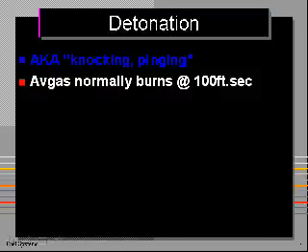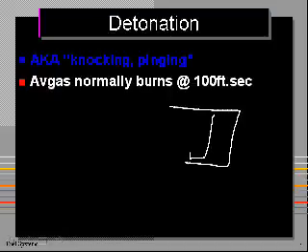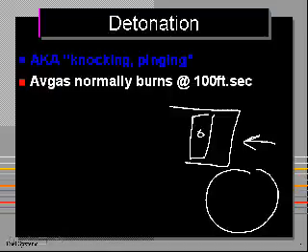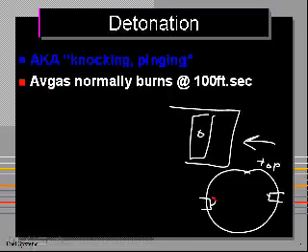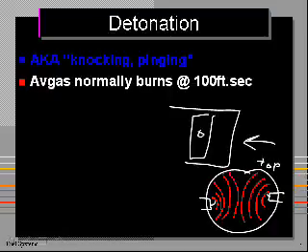Typically, aviation gasoline burns at about 100 feet per second. If we had a cylinder with a piston and looked at it from the top, with a spark plug over here and a spark plug over here, the spark plug would fire, and the flame would start propagating across the top of the cylinder.